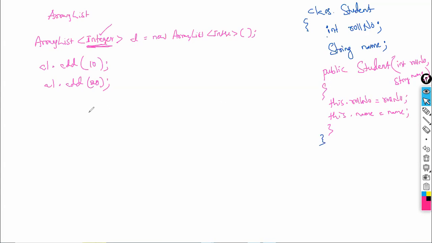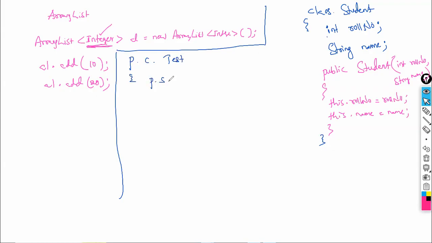Now, can we add this Student object data into any collection? That's the point. Can we add this Student data into any of the collections? So for that, I am taking one class, say public class Test. Inside this, to execute, public static void main method with appropriate syntax.